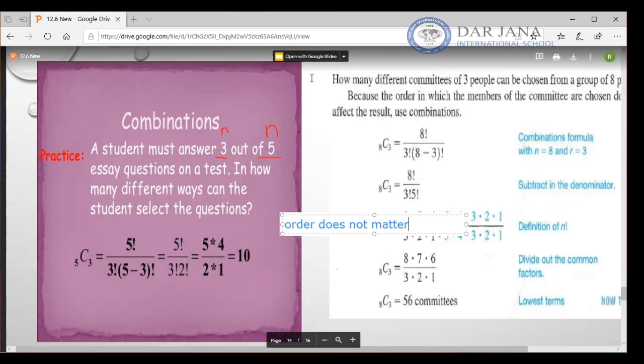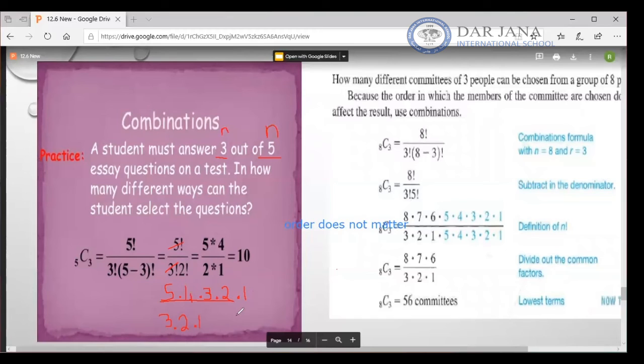Let me also teach you this way for the ones who prefer to do it directly. If you want to simplify the 3 factorial with the 5 factorial, you will only have 4 times 5, because 3 times 2 times 1 will be removed by this one. And the 2 factorial is 2 times 1. Let me tell you exactly what I mean. 5 factorial is 5 times 4 times 3 times 2 times 1. 3 factorial is 3 times 2 times 1.